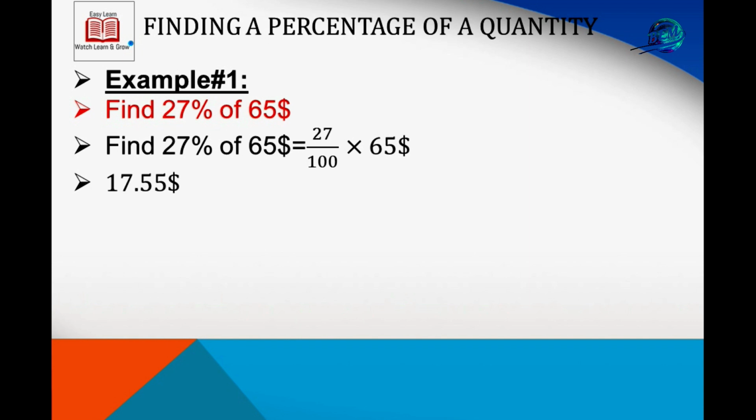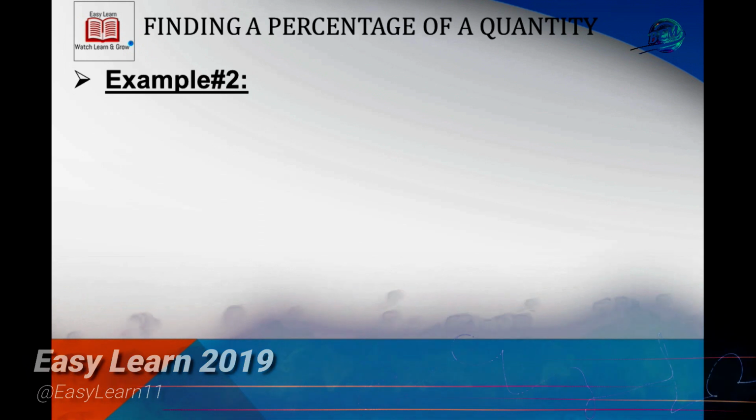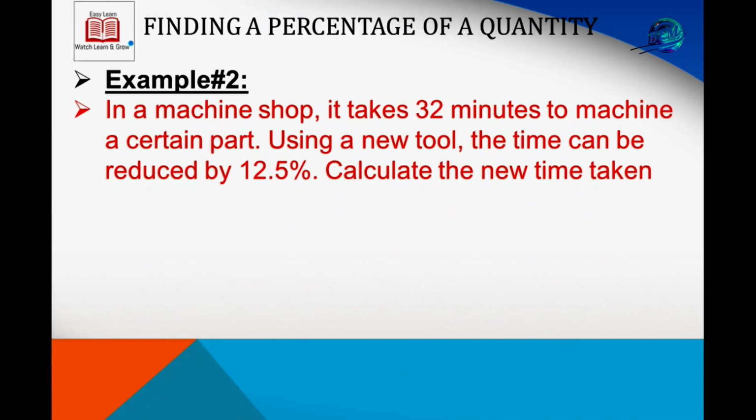We are calculating this percentage of what quantity? That is 65. So we have to multiply here by 65. And now the answer is direct. We already discussed in detail how to perform basic calculations on a calculator in a previous chapter, so I will perform all the calculations directly. $17.55.